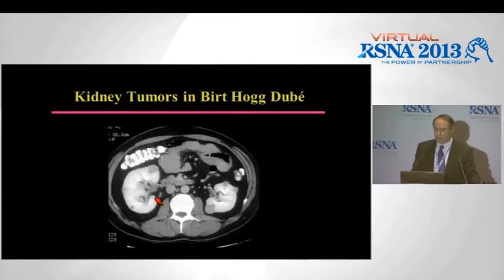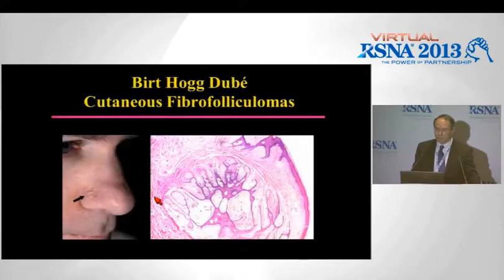And there are hereditary phenotypes of this. So when you look at patients who come from families where chromophobe carcinoma is very common, you begin to notice that they have bumps on their faces, like these little fibrofolliculomas. Here's a biopsy of one of them. And this is really part of a dermatology syndrome called Birt-Hogg-Dubé.